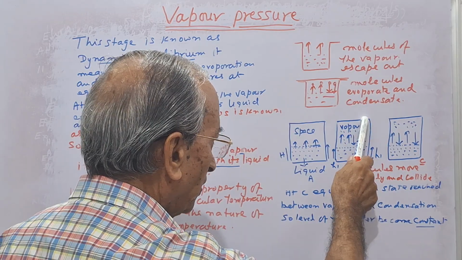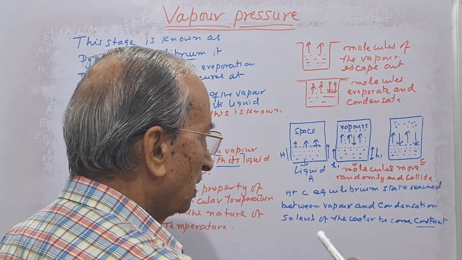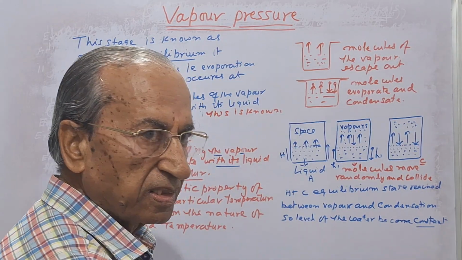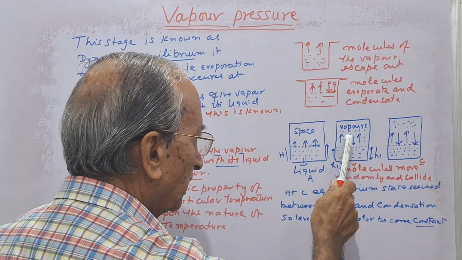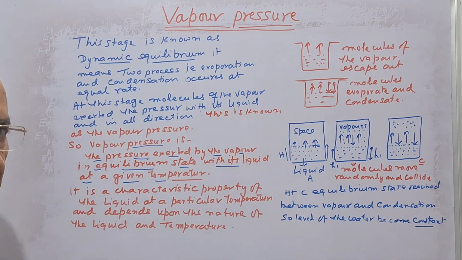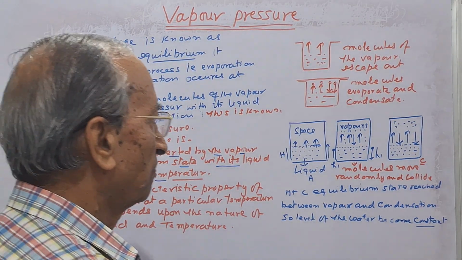Now vapor formation and condensation have started. At one stage the rate of vaporization and the rate of condensation become equal. What will happen?